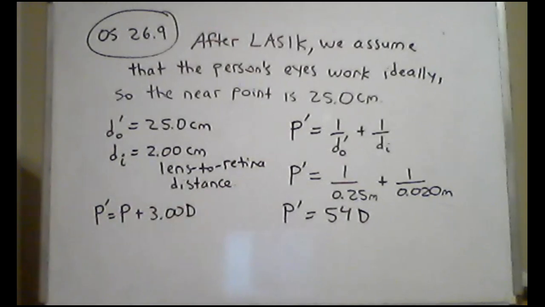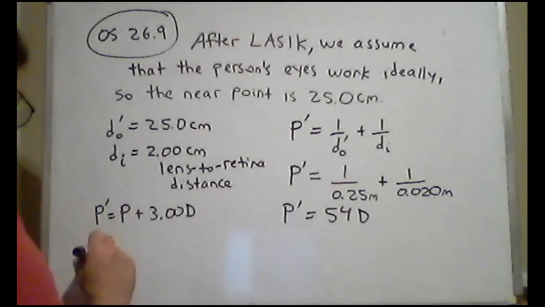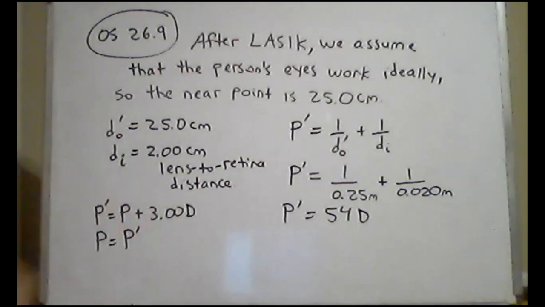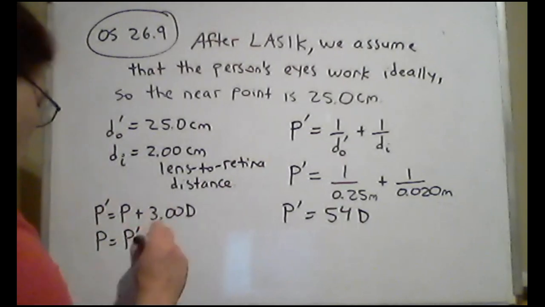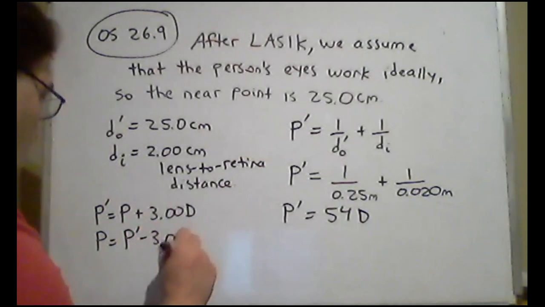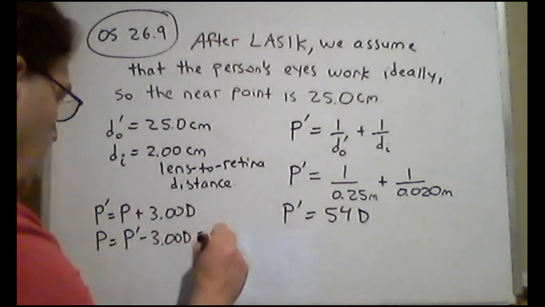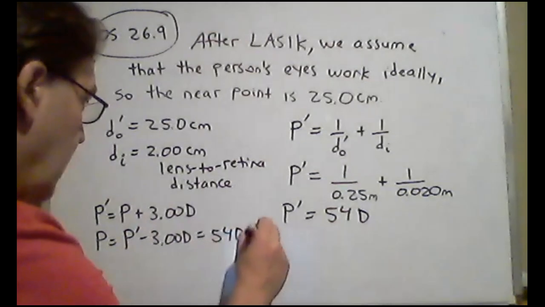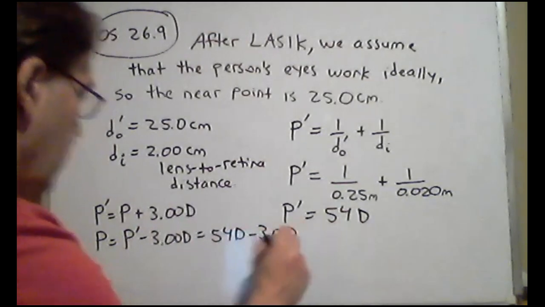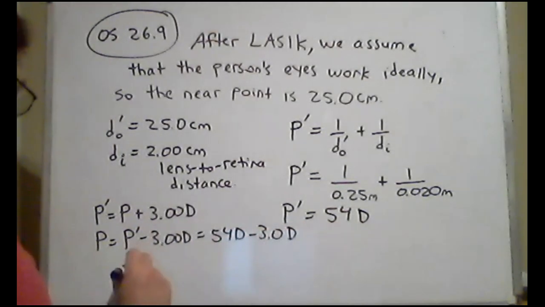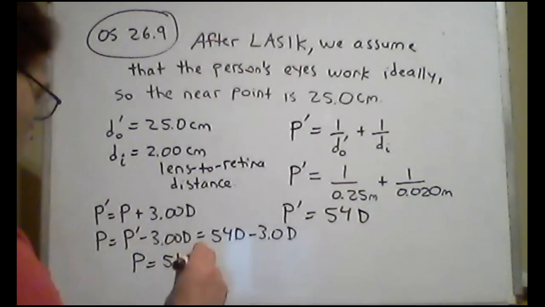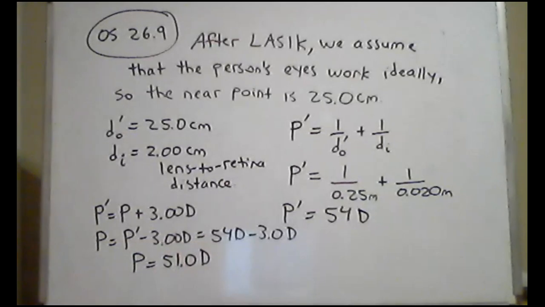So how do you figure that out? We want to solve for what he had before. P is the perfect power he has now minus 3 diopters. After LASIK, he has 54 diopters, so before, P is 54 minus 3.0 diopters. Before surgery, he walked in with 51 diopters. So his eyes were too weak.